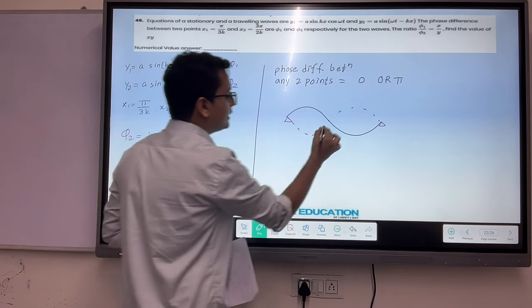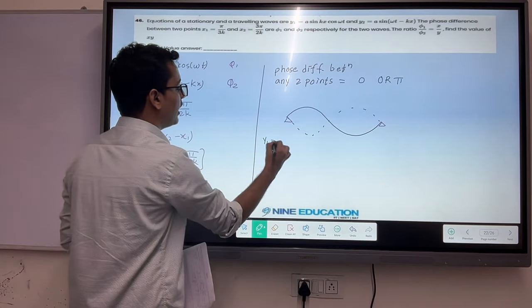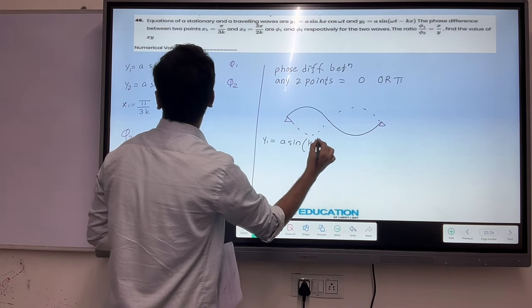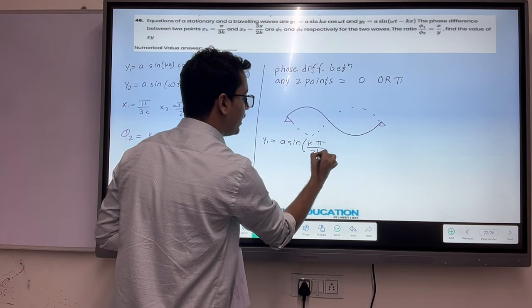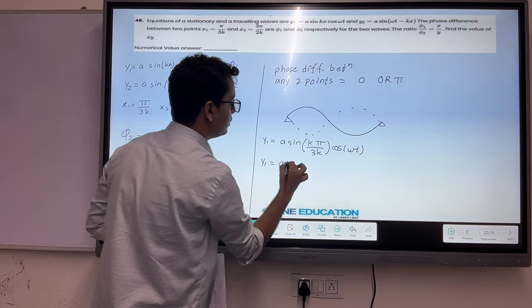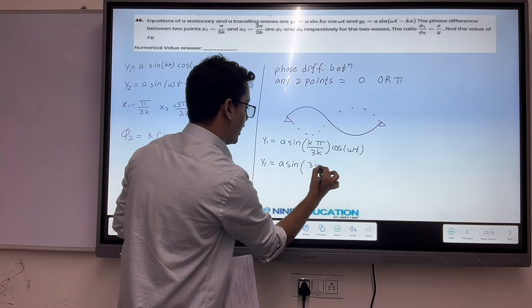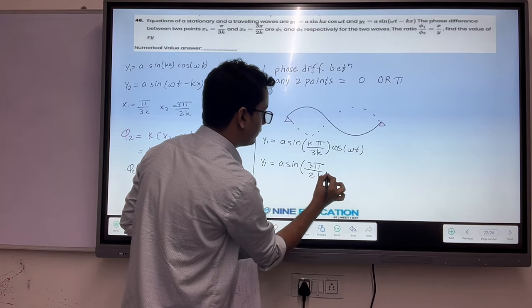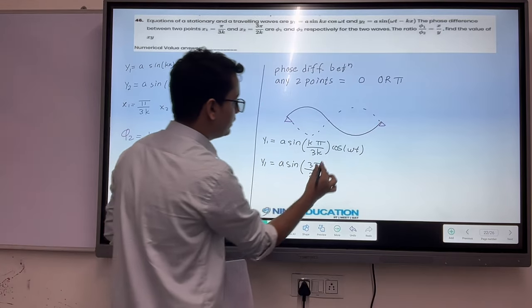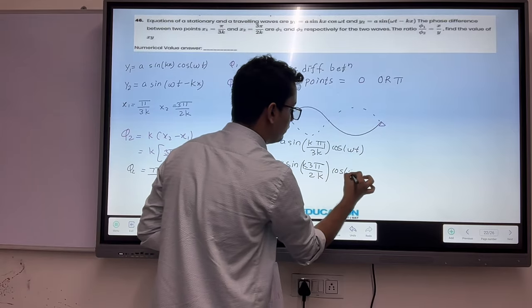So how will I know the phase difference between them? I will write down y1 is equal to a into sine of k into pi by 3k cos of omega t, and y1 is also equal to a into sine of k into 3 pi by 2k into cos of omega t.